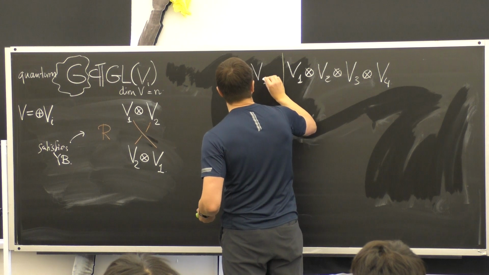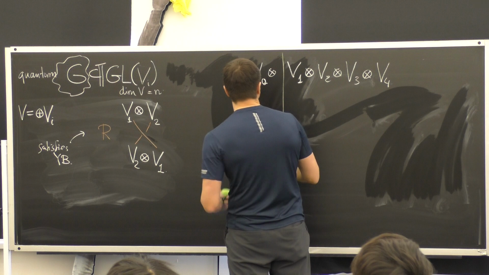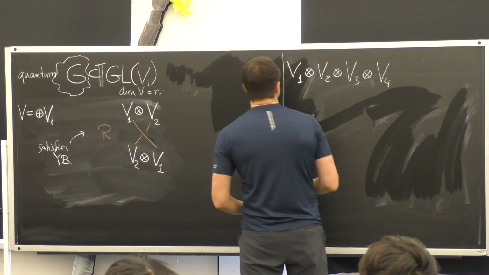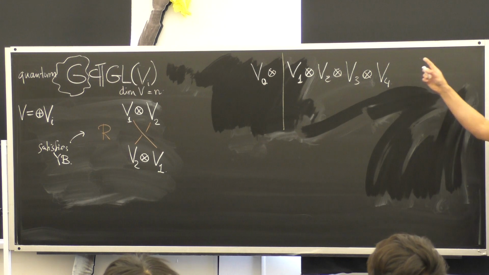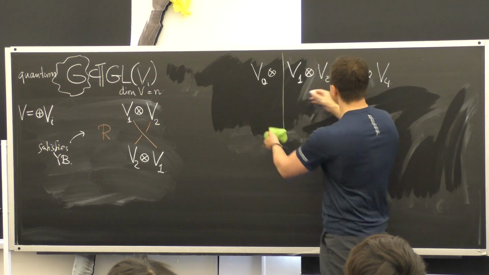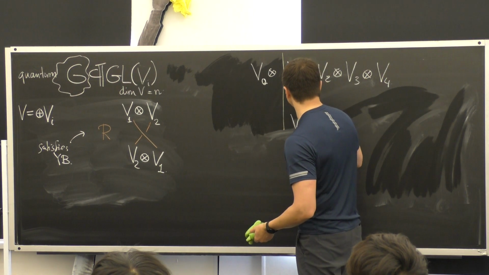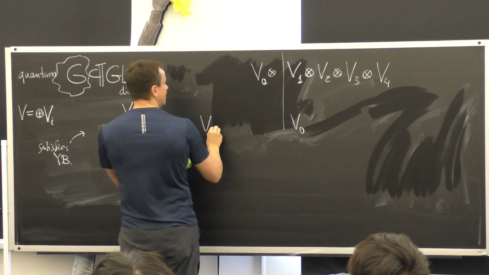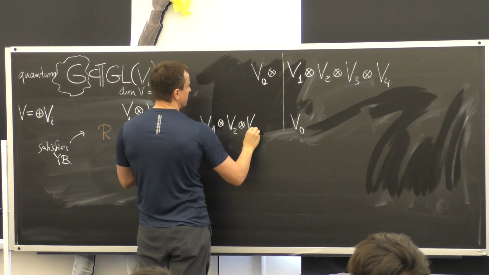Denote that V_0. And I take the R matrix that braids them. You don't need to write it like this, but for the visual effect, I'll write it as if I really previewed this.